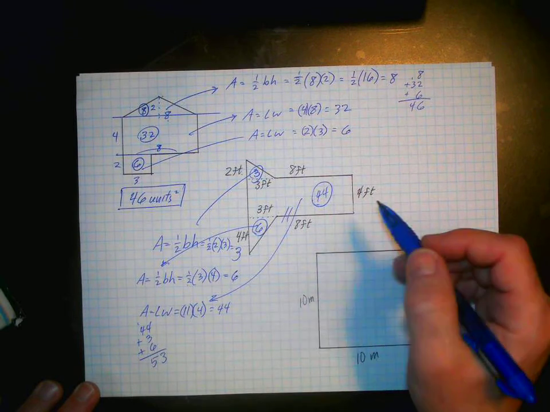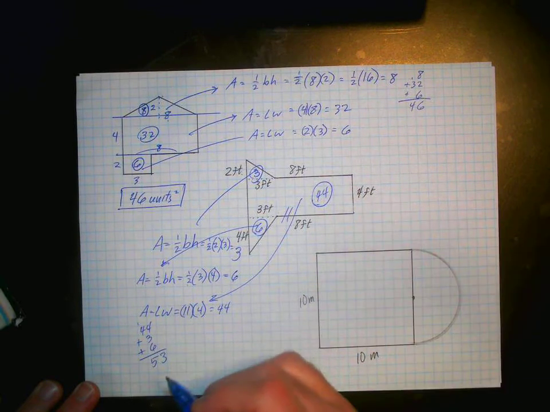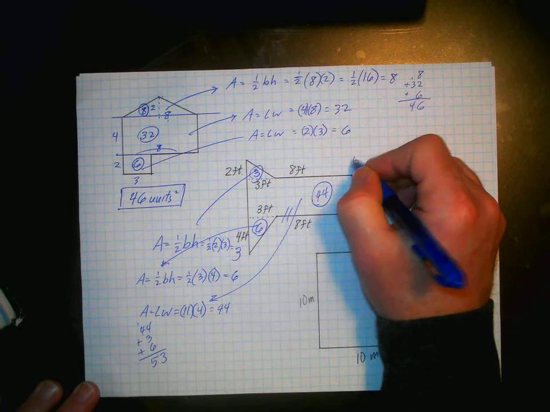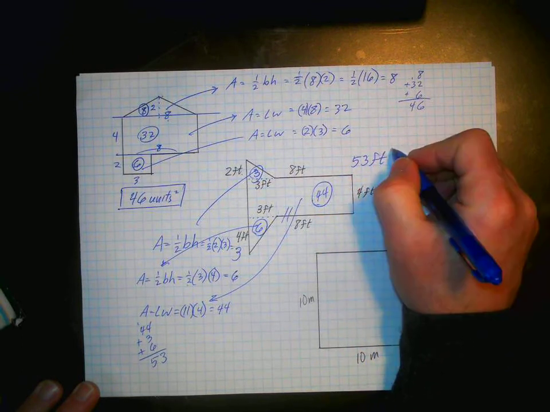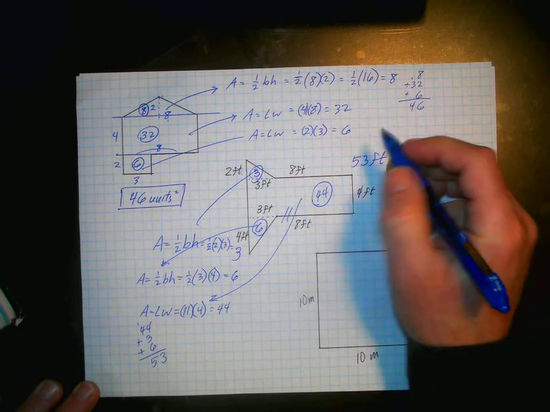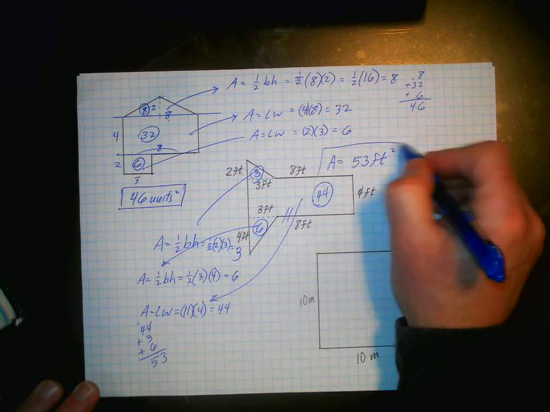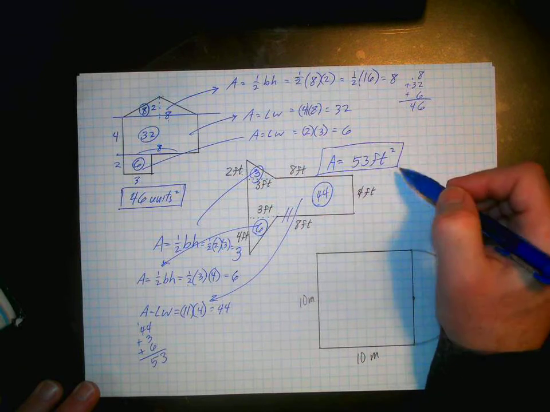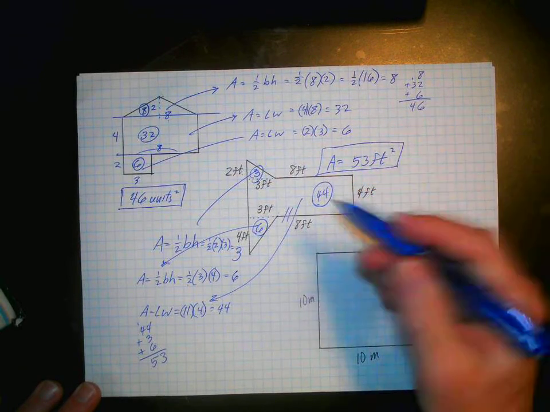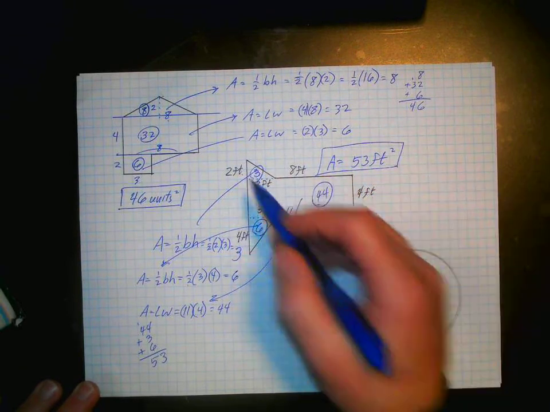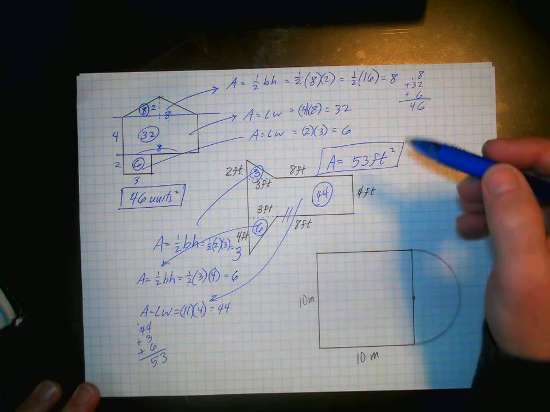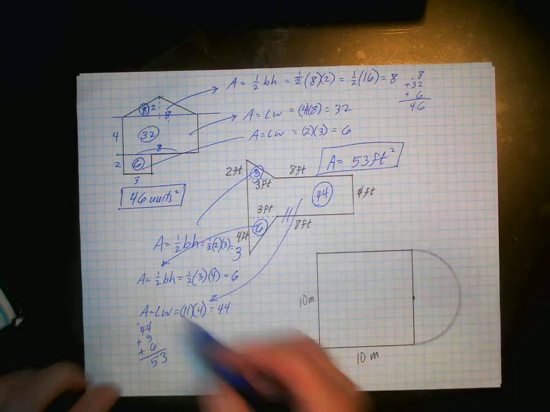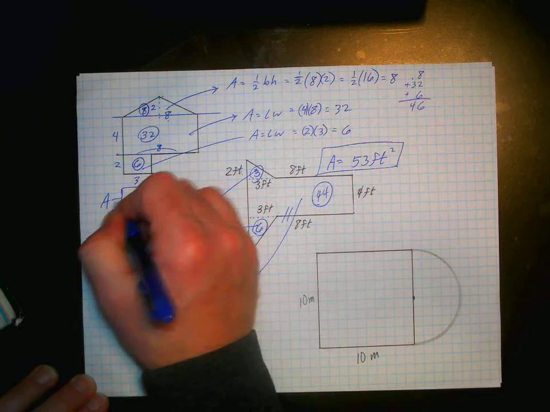And since we have feet, it's going to be 53 feet, and the feet are going to be squared because it's an area. And I'm going to put a rectangle around my final answer. I always mark my final answers with rectangles. I mark things that I'm working on in circles, and then my final one gets the rectangle. And this should have had an area equals on it.